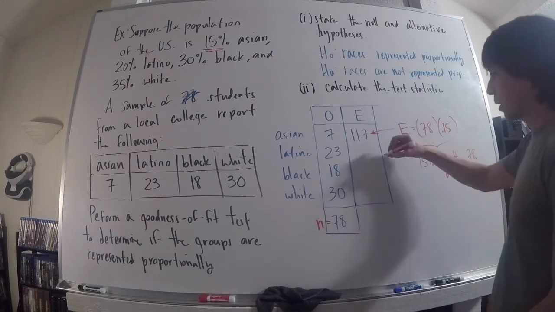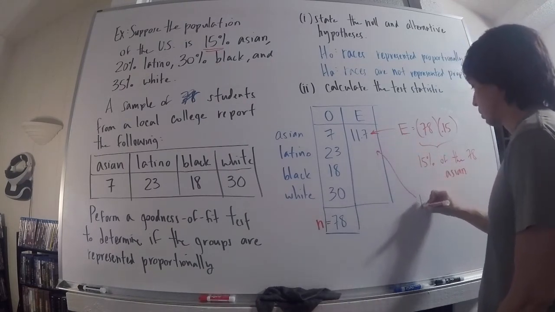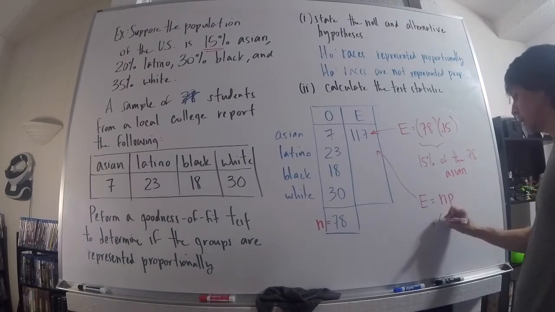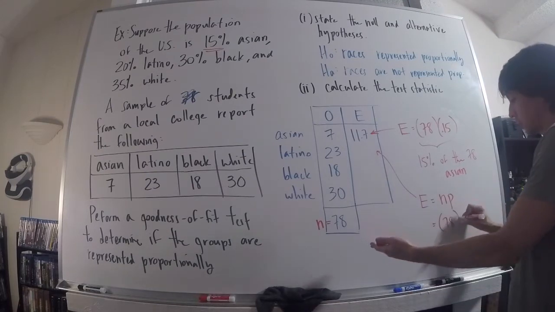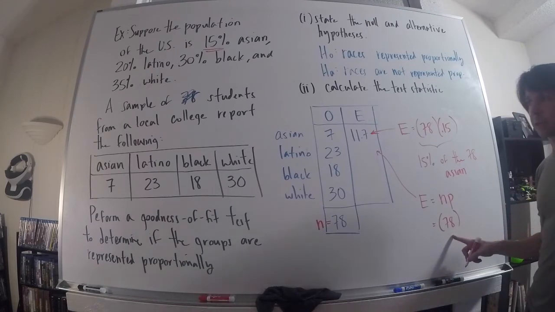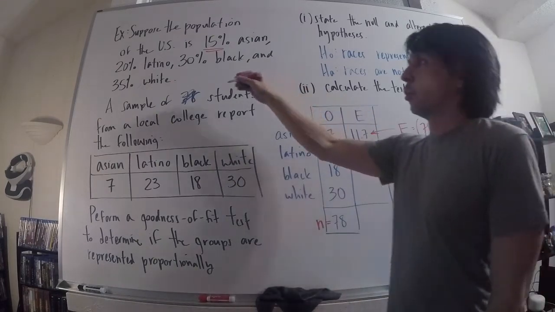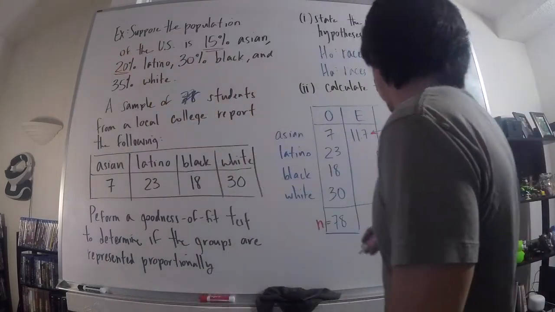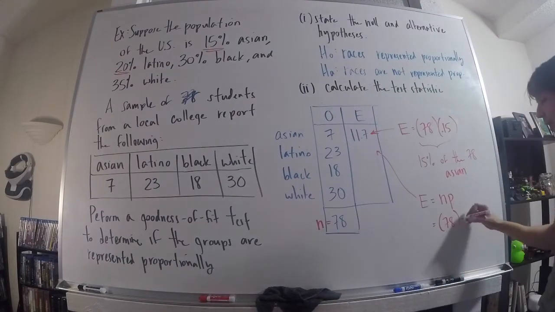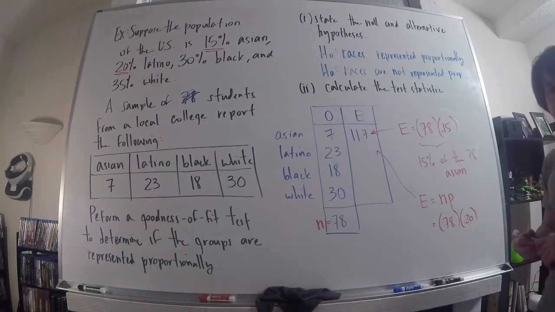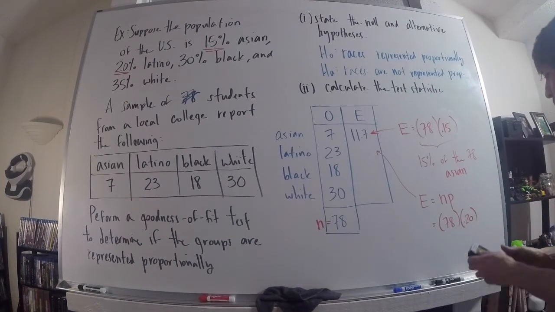Next one, I want to figure out the expected numbers of Latinos. I'm going to be doing n times p again. N is still 78, but if everything were good racially, I'm expecting what percent of the 78 to be Latino? We expect 20% to be Latino. So I want to do 20% of 78, and you get that by multiplying 78 times the decimal form of that percentage.